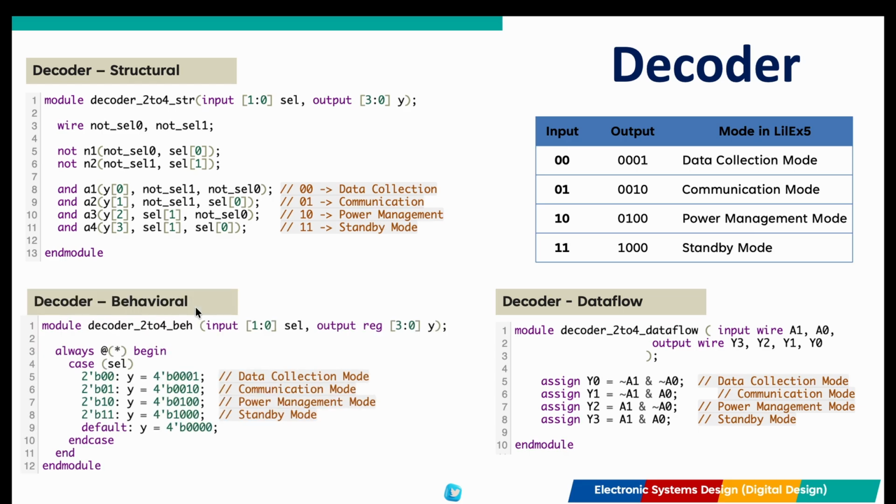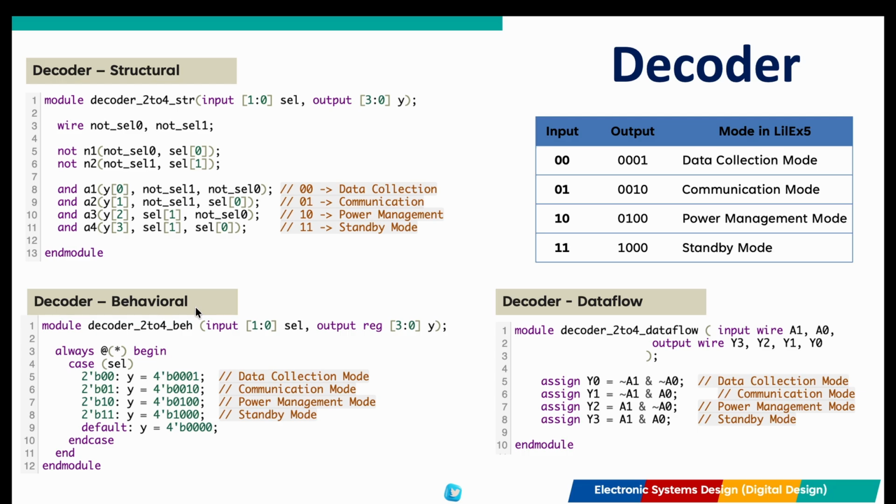Finally, the behavioral approach is what you will use most often in complex designs. Using an always block and a case statement, we simply list the input patterns and their corresponding output modes. For example, here, when the input is 11, the output will be 1000.